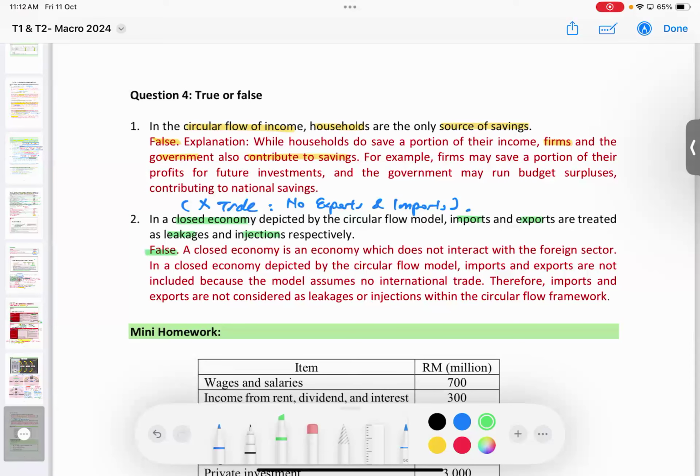It should be an open economy, because a closed economy does not interact with the foreign sector. If I change the question to open economy, then it's correct, because imports are leakage and exports are injection. But since the question says closed economy, it is wrong. So it's false.